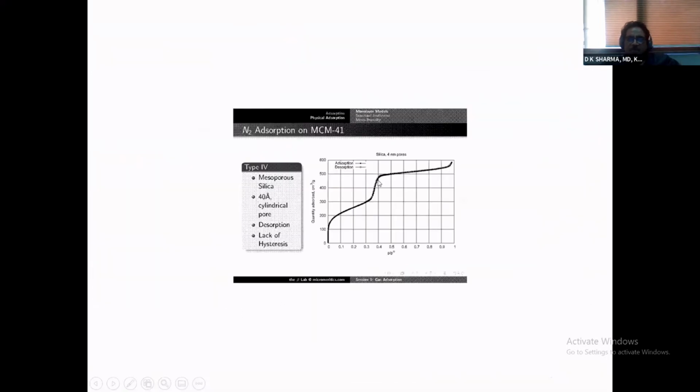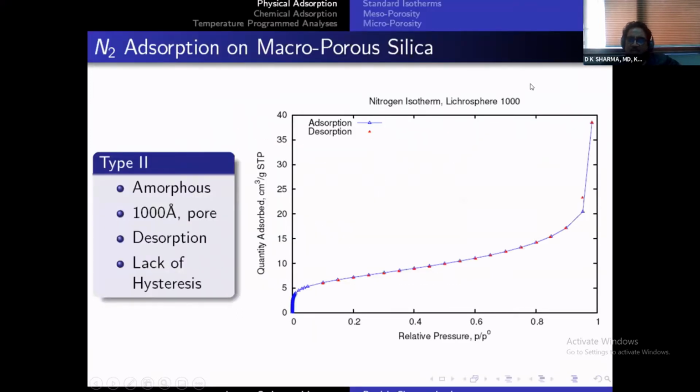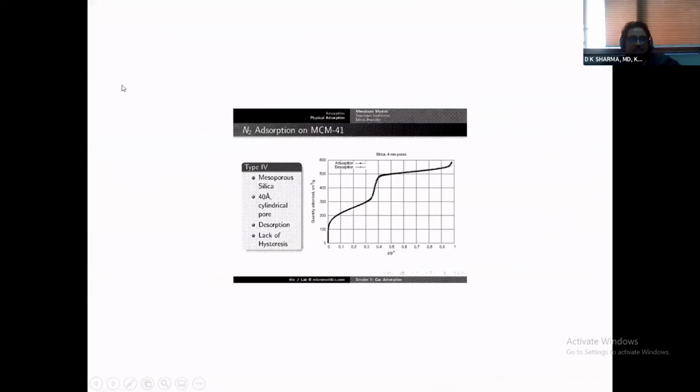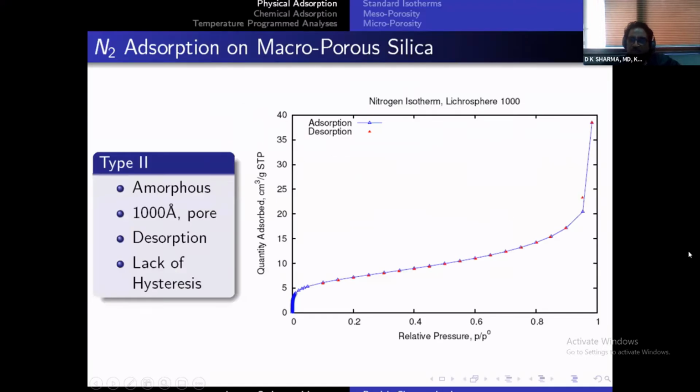These are some examples of the type of isotherm that you might come across.